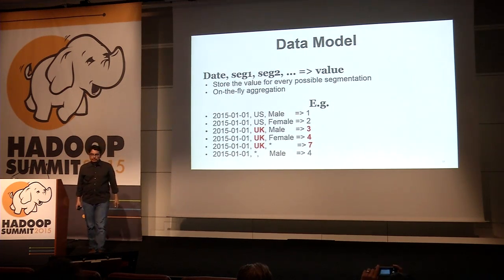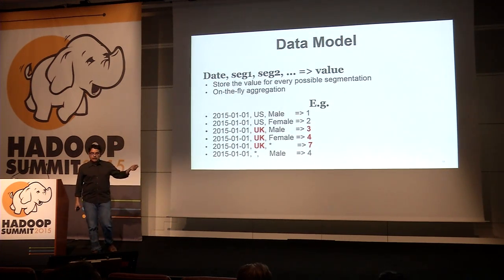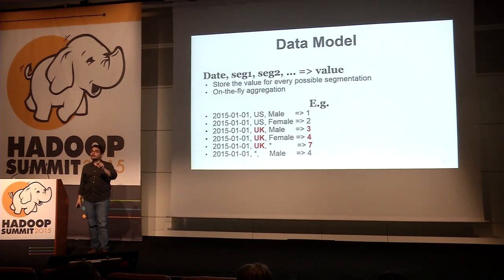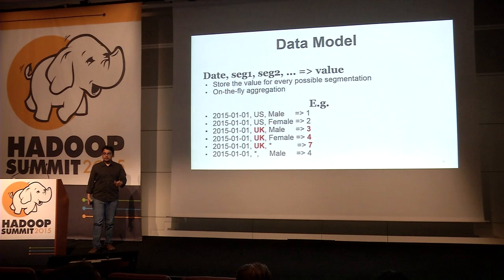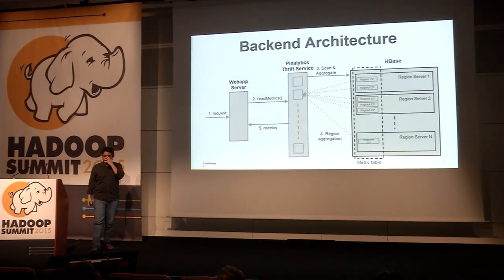In this case, for example, if we are showing the date, country and gender as segments, and let's say this is monthly active users, then if someone asks for UK users, we just aggregate the two rows and sum them up. So this is the architecture diagram.